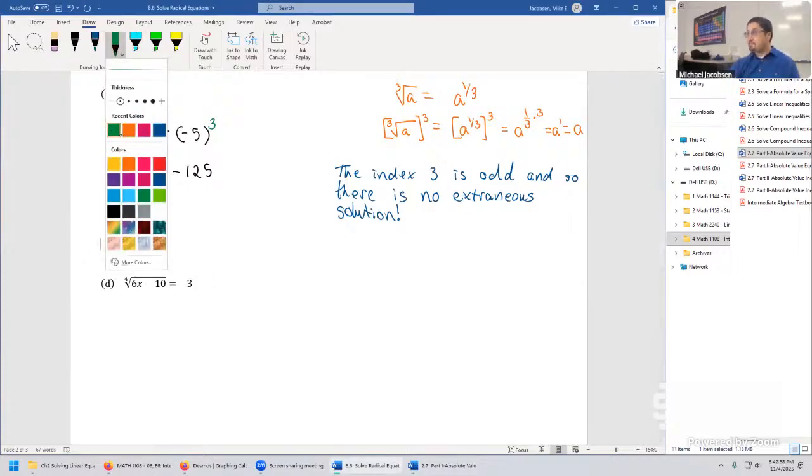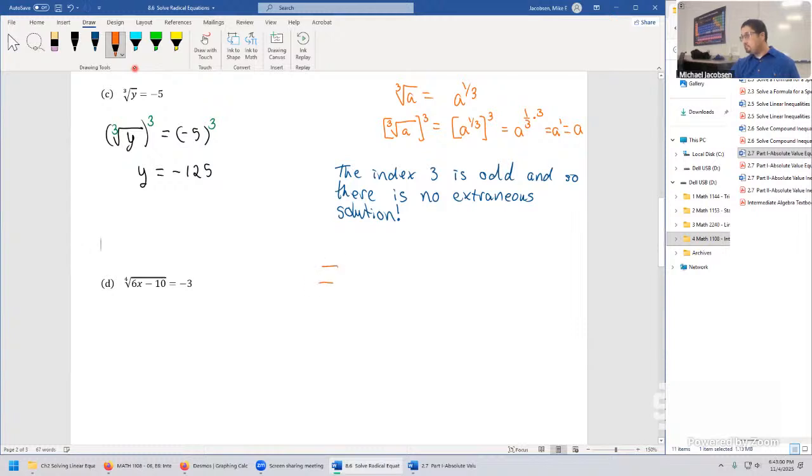If the index is even, then the nth root of anything you put here, let's just call it a, for anything, it could be a 6x minus 10, this is always greater than or equal to 0, kind of similar to absolute value in a certain sense.